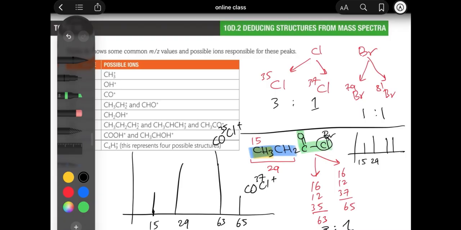And if we want to calculate the molar masses including the bromine atoms in the whole compound, 16 plus 12 plus 79, you will have a peak at 107 and another peak at 109. Just keep in mind the two peaks for bromine have the same heights, unlike chlorine, which has a 3 to 1 ratio.